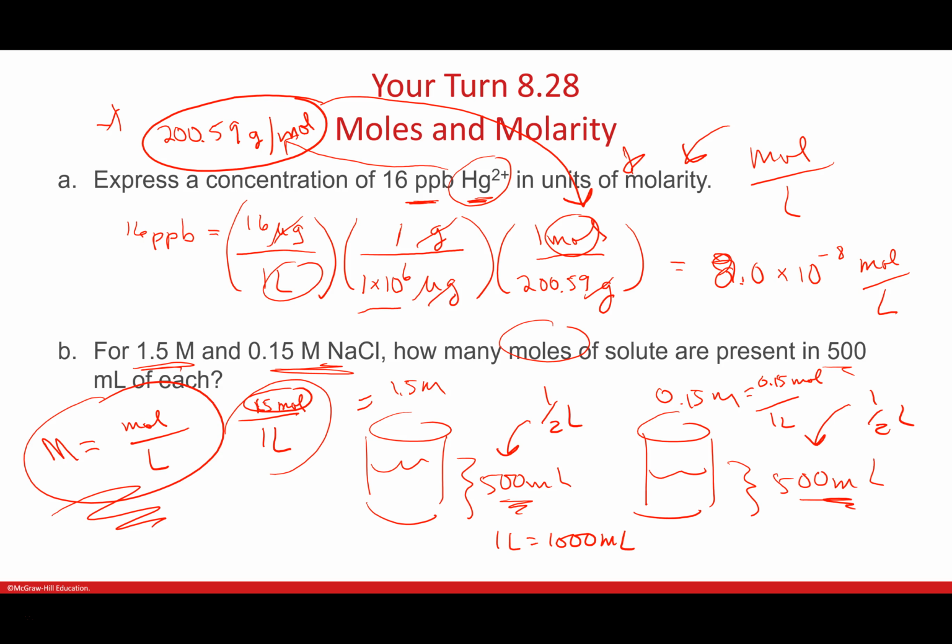So just eyeballing it then, Autumn, what do you think? If this is 1.5 moles per liter, and we only have a half a liter, how many moles do we have? 0.75. Are we good with that? Does that make sense? Yeah. That's the answer. How many moles of solute? So bottom line, we have 0.75 moles of NaCl here.